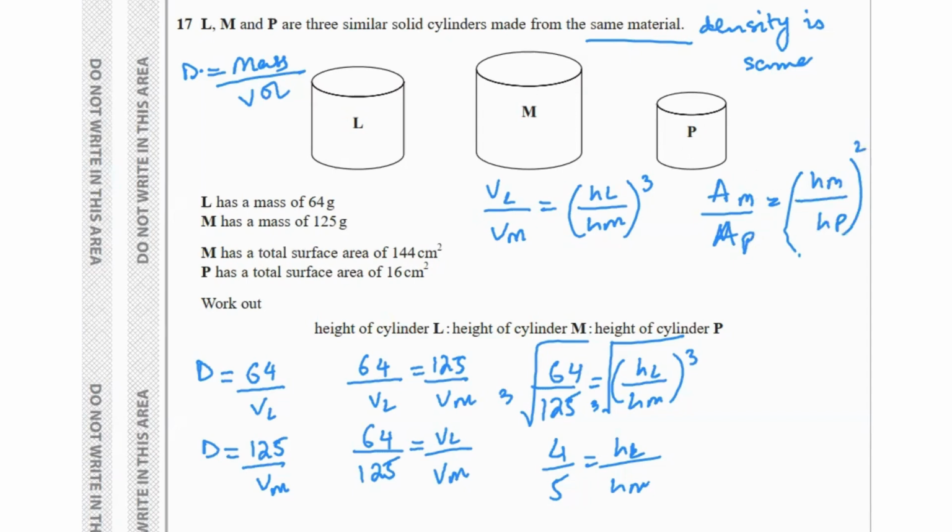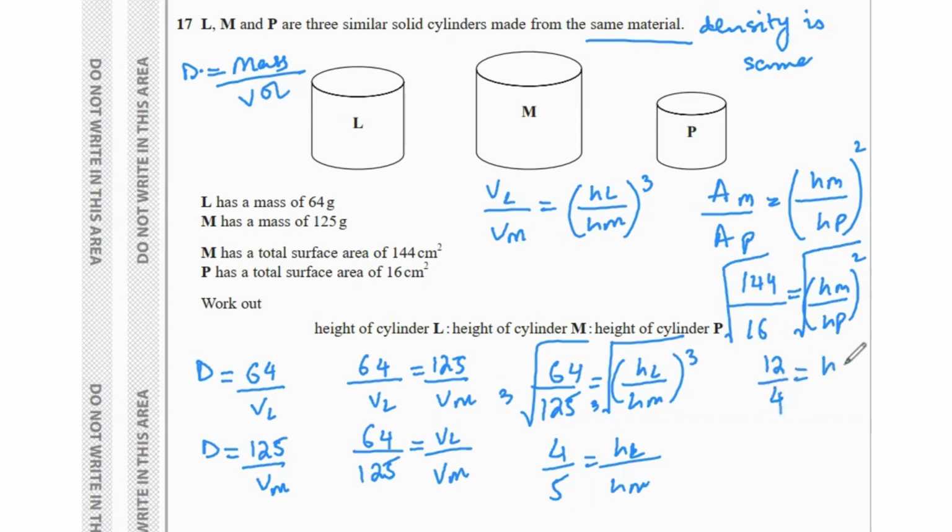In case of volume, we cube it. In case of area, we square the ratio. So area M 144 over 16 equals HM over HP squared. Square root both sides, and we have 12 over 4 for HM is to HP.